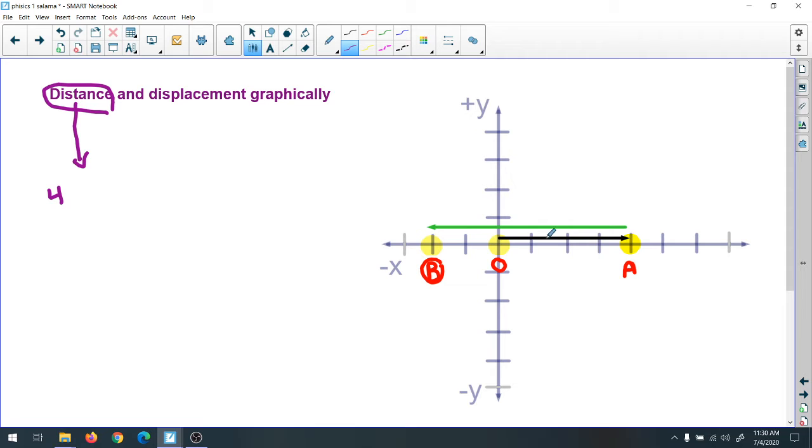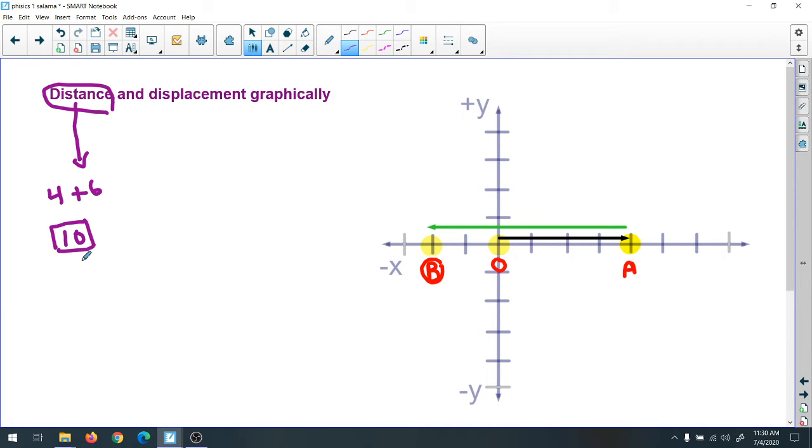Then we move back and we stop by B. How many units do we move back? 1, 2, so we stop by here. 0, 1, 2, 3, 4, 5, 6. We moved 6 units. So 4 plus 6 is 10. So the distance is 10.